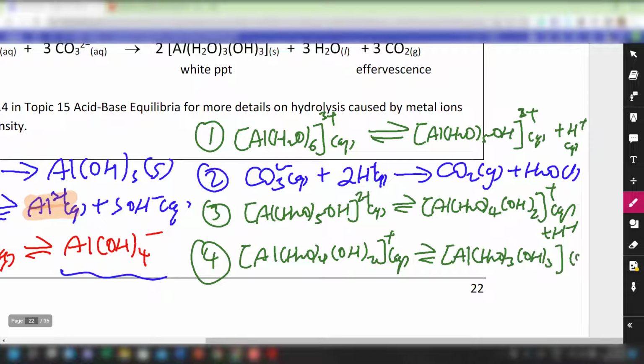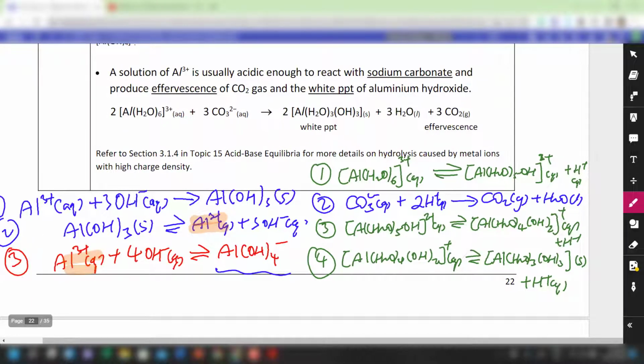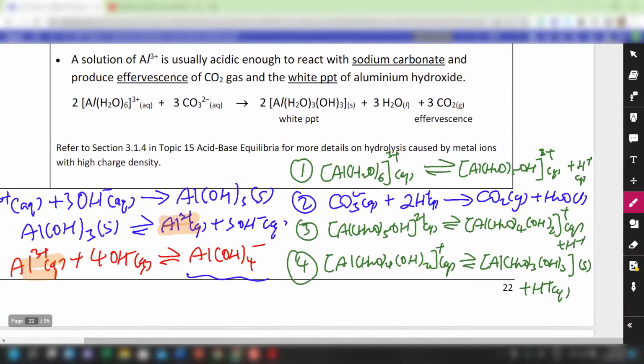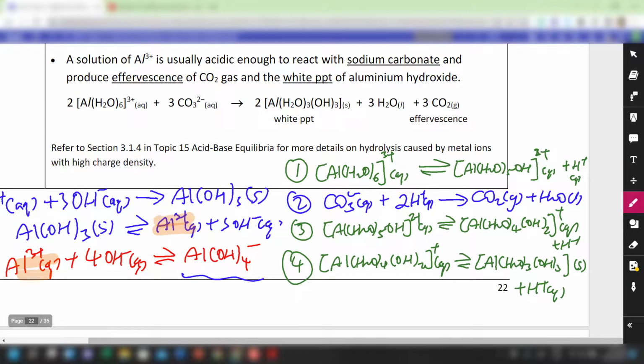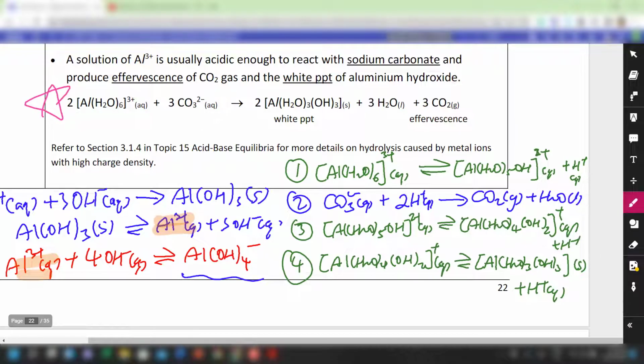It is neutral, so it is a solid phase because it cannot form favorable ion-dipole interaction with water, so usually it will not dissolve. You notice that the overall equation being showcased over here is simply a summation of equilibrium 1, 2, 3 and 4.